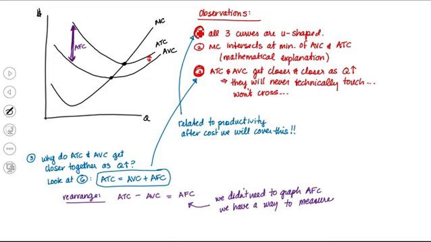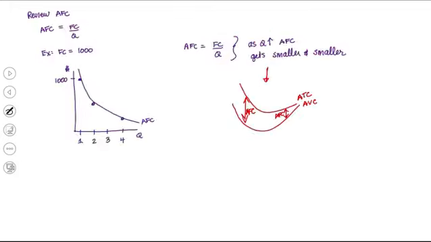So why does marginal cost intersect at its minimum? So let's answer that question, number 2. All right. So question number 2, why does marginal cost cut through the minimum of average total cost and average variable cost?